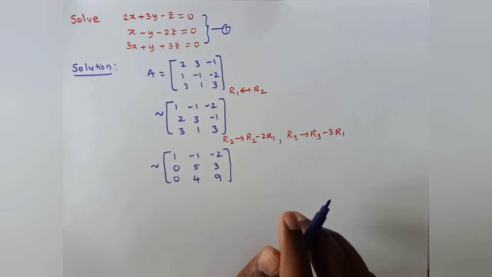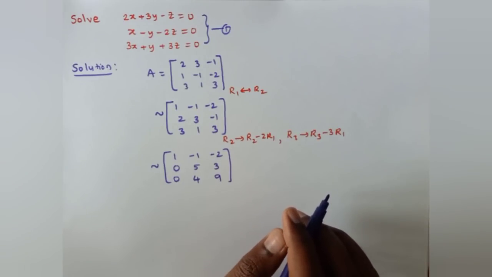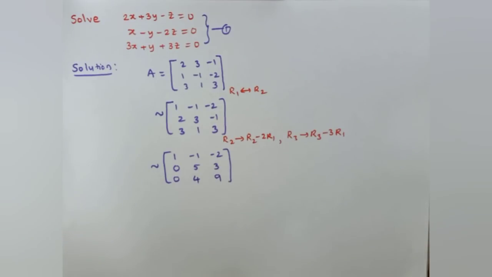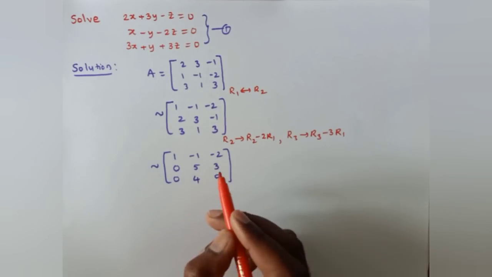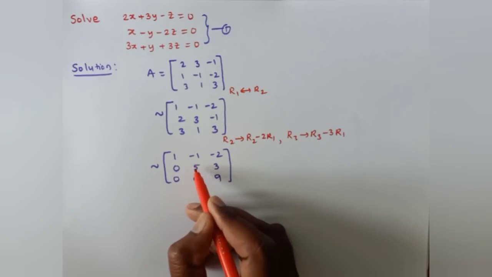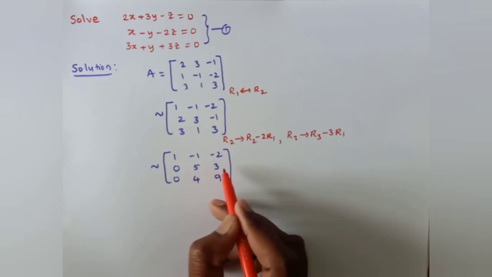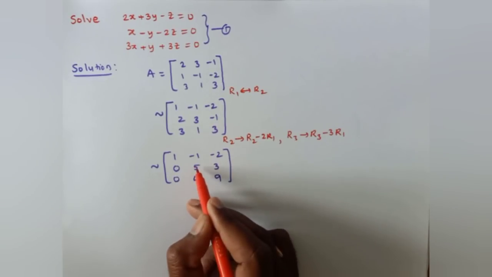Now what is our target? To make this element 0. So make the second element 1 first. Here we can divide this entire row by 5, and we get 1.